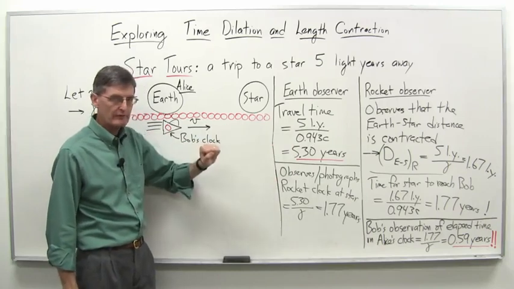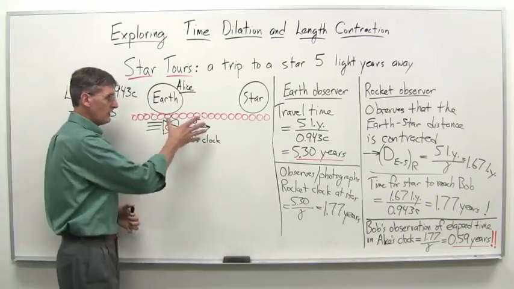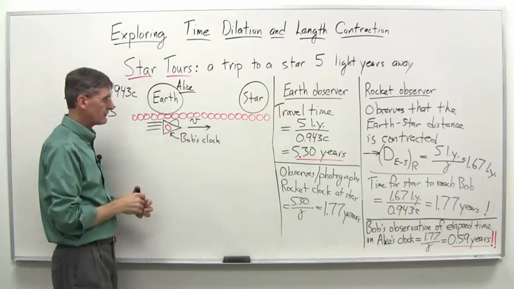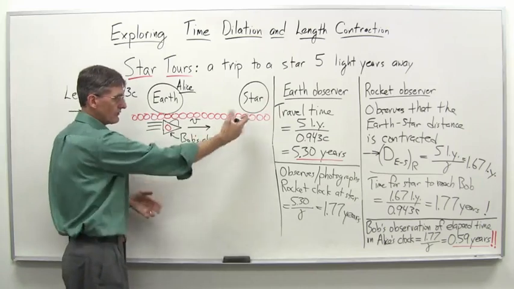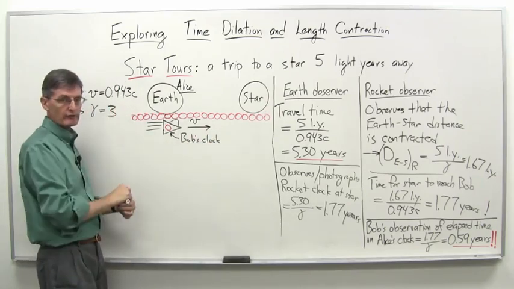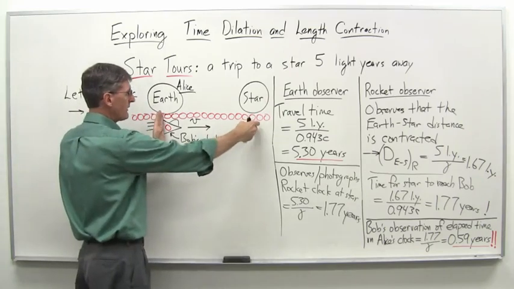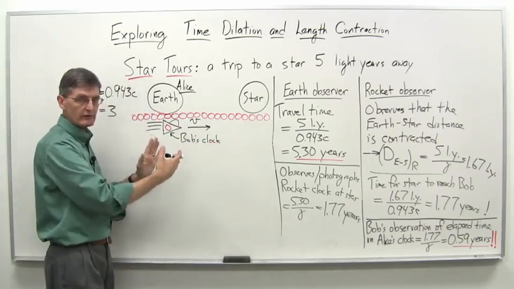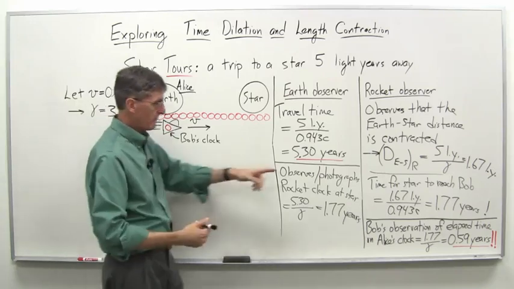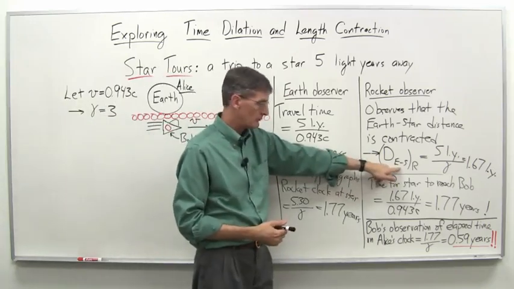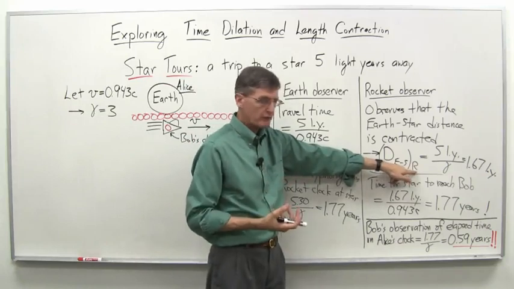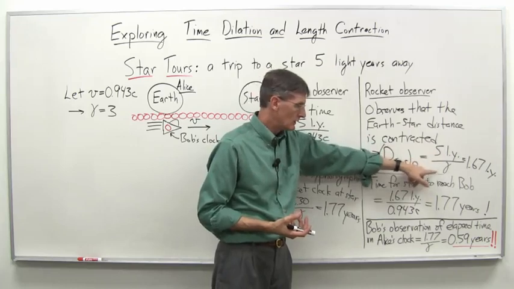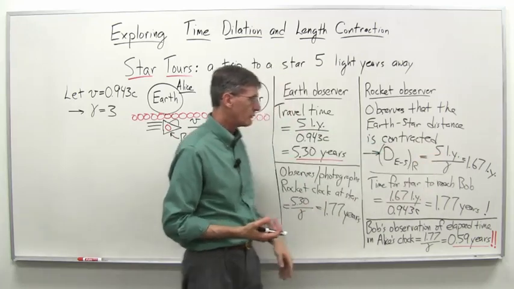What's Bob's perspective? He's the rocket observer. He observes, in his frame of reference, the Earth-star system moving to the left, and therefore he sees the star rushing toward him at 0.943 c. And therefore this 5 light year distance to Alice is, to him, only 1.67 light years. It's a contracted distance: 5 light years divided by gamma, gamma being 3, and that's 1.67 light years.